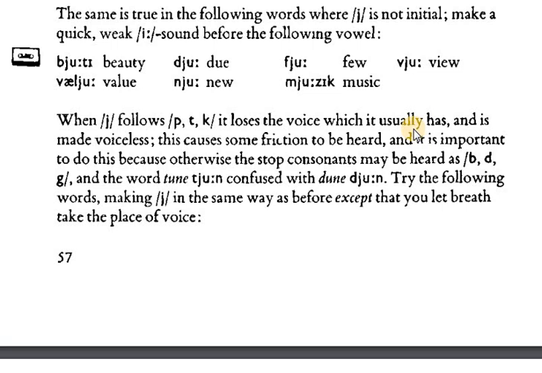Now, it is important to do this because otherwise the stop consonant may be heard as b, d and g. It is necessary that we pronounce ye after p, t and k as voiceless with some friction, because if we didn't make ye voiceless and produce it with some kind of friction, p, t, k is going to be heard as b, d and g.